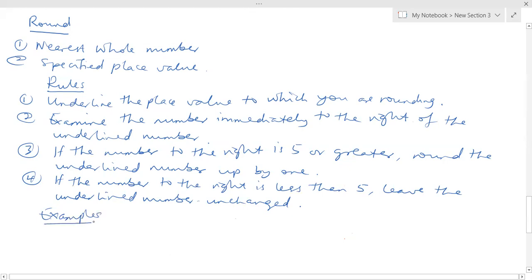Let's say that I want to round to the nearest one, or to the nearest whole number.